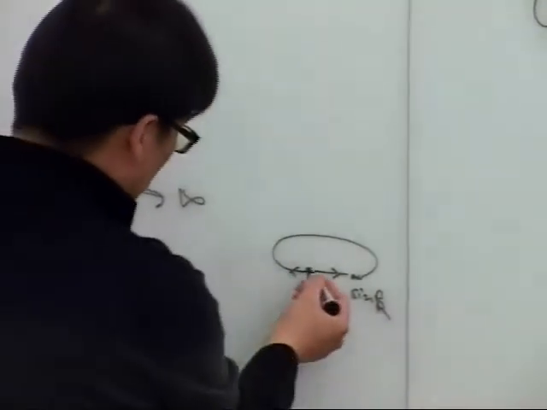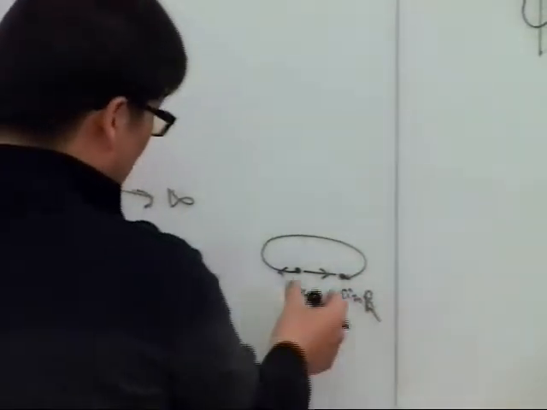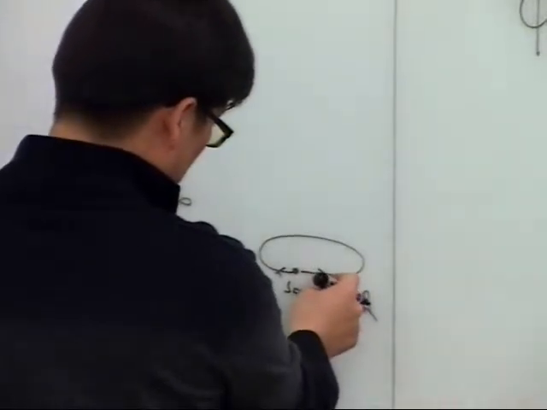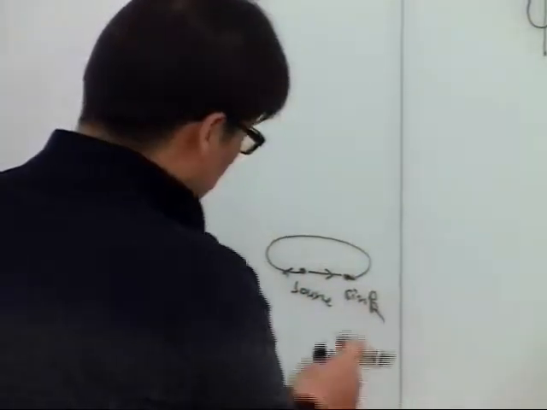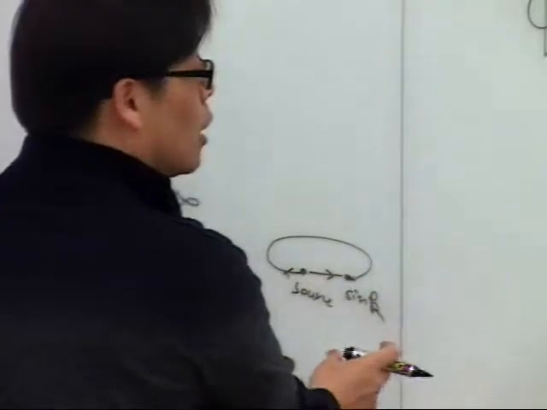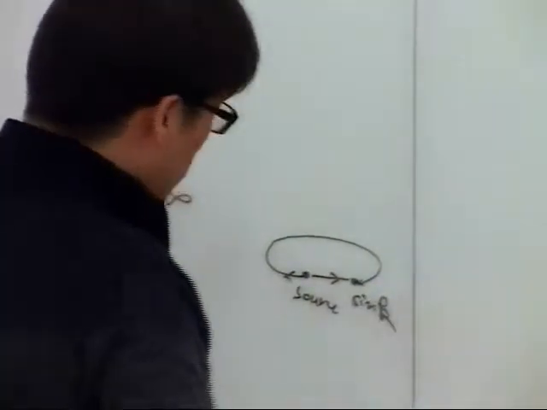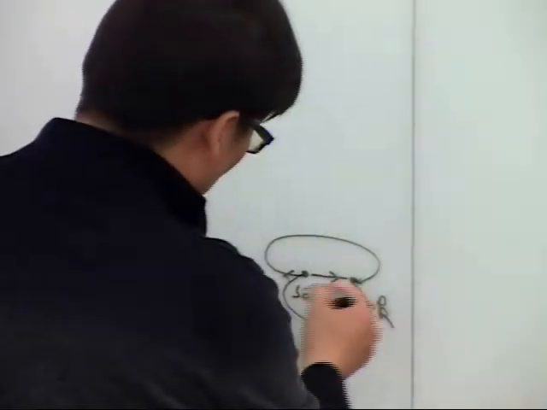If I put one source and one sink, but not a dipole, because I put the source and sink a certain distance apart, then I can generate flow like this.